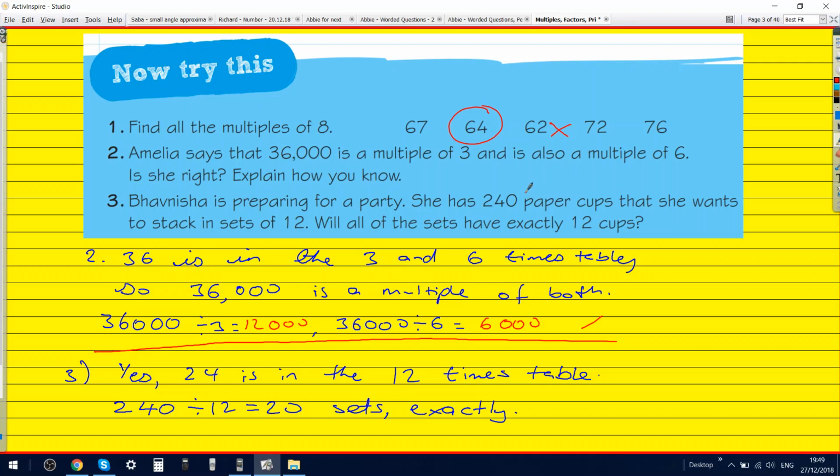So that's not 1. 67, that's not in it either. And 72 and 76. I think 72 is 1, because 8 times 9. And 76 isn't 1, because that's near 72. That's it.